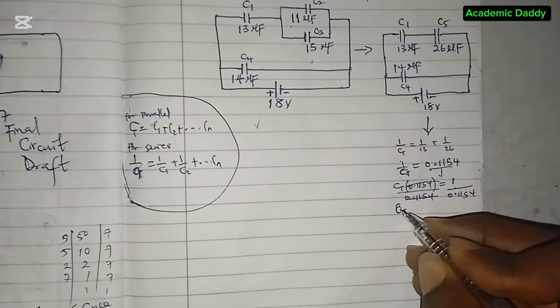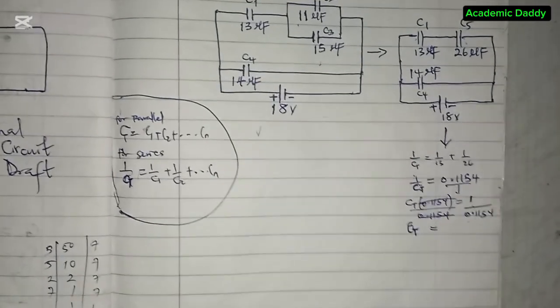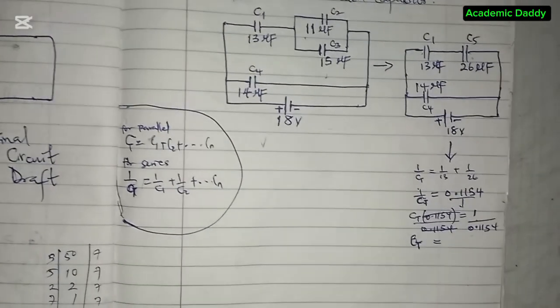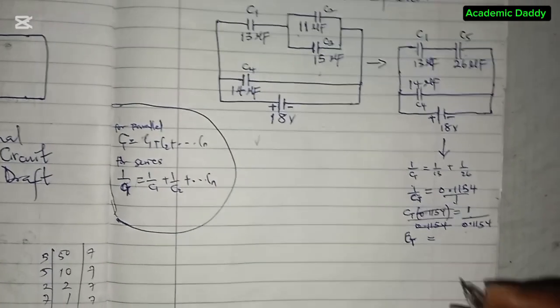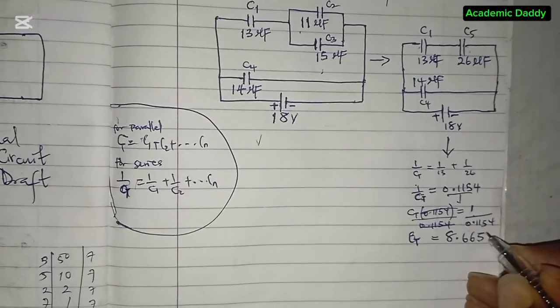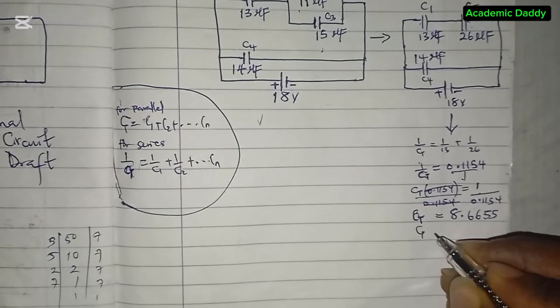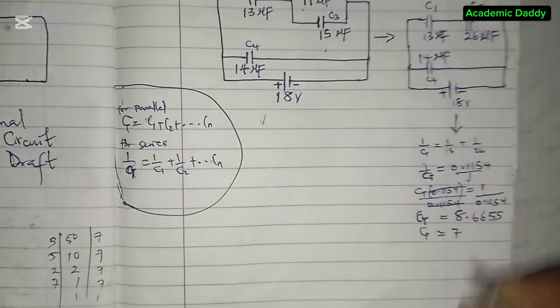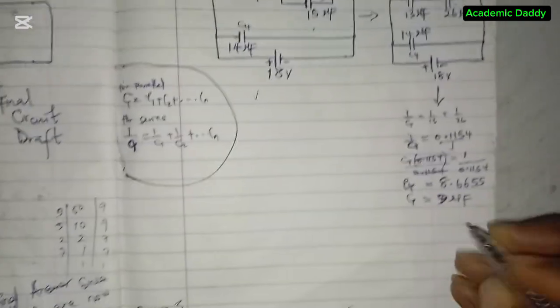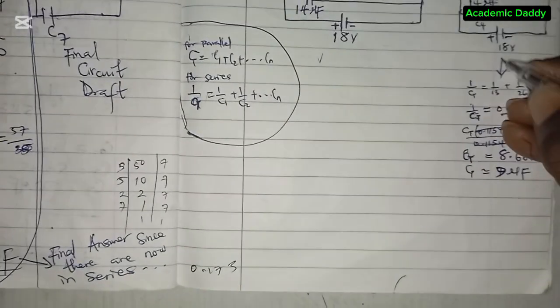CT will be equal to 1 divided by 0.1154. So I'm getting 8.6655. So capacitance total is approximately 9 microfarad.